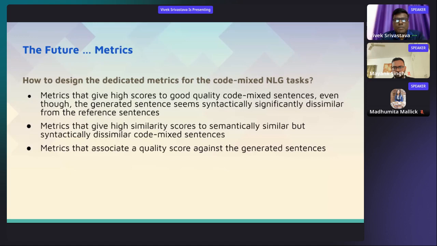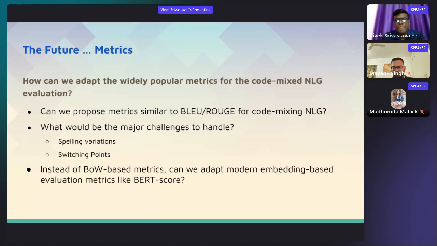Can we have a correct similarity score or correct evaluation score based on the context, based on the spelling variations, and so on? There are so many challenges that these metrics need to address right now for the code mix NLGs.